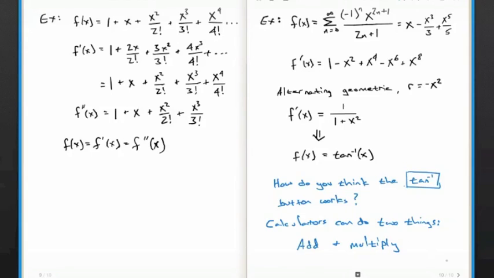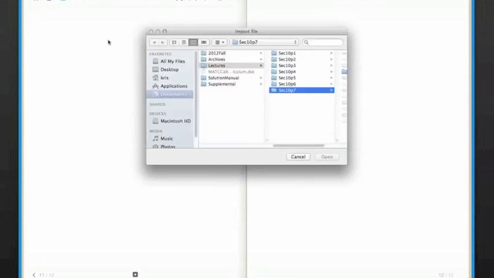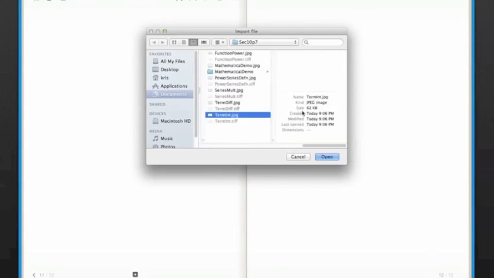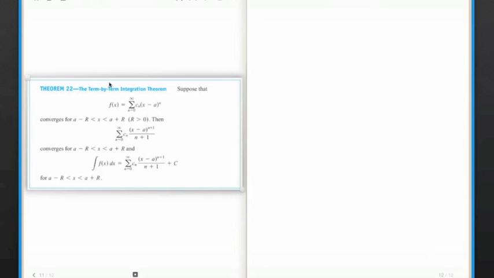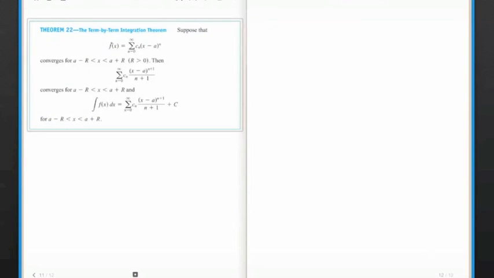So I think there's only about 1 page left. And I know this is a long one. Bear with me. We're almost done. Change back to black here. And the final theorem I'm going to throw in is the term-by-term integration theorem. What does this say? That f of x is the sum of this stuff. Well, just like I can integrate a polynomial term by term, this is really a polynomial.